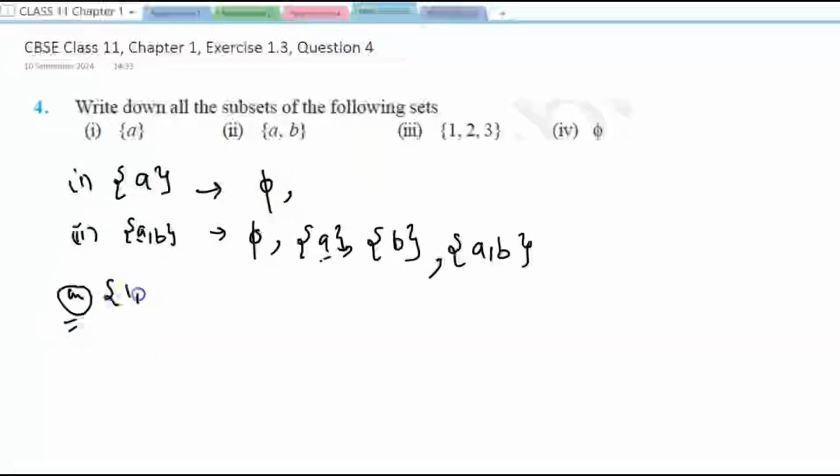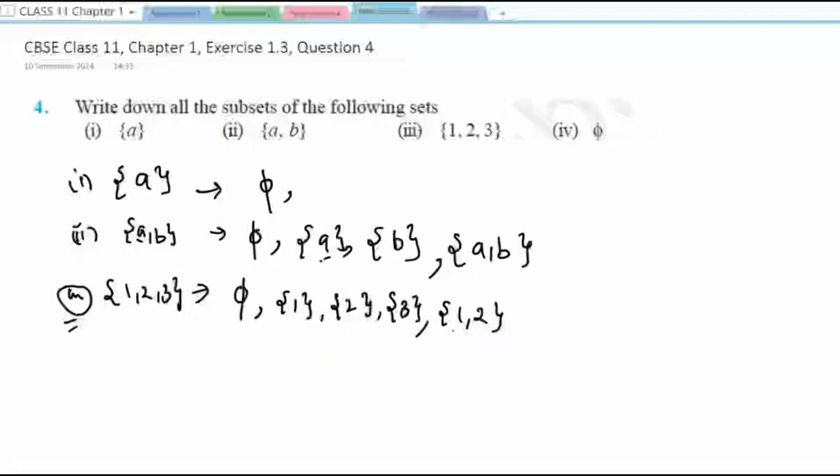The set {1, 2, 3}. Again, the first subset that you should list is always the empty set, the set with no element, or 0 elements. Then all the subsets with a single element, or 1 element: {1}, {2}, {3}. Then all the subsets with 2 elements.